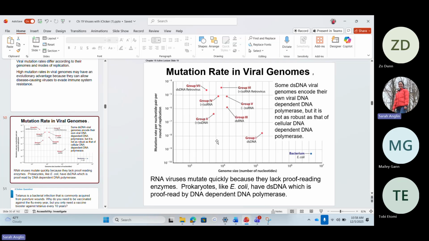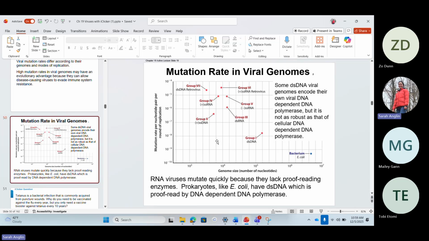Anytime you have a change in the nucleotide sequence, which is a mutation, it can ultimately affect how the protein folds and the shape of the protein. All right, so viruses mutate quickly because many of them lack proofreading enzymes.